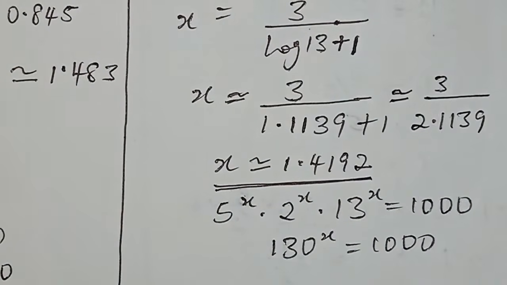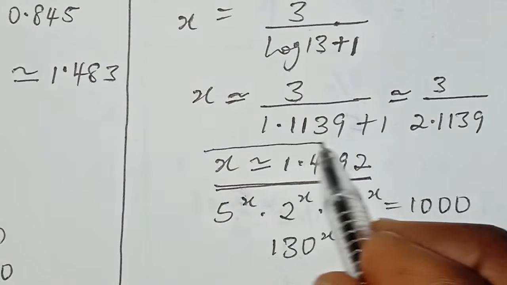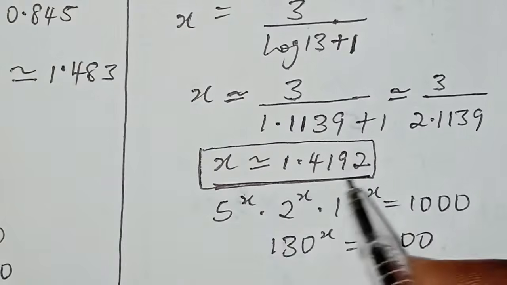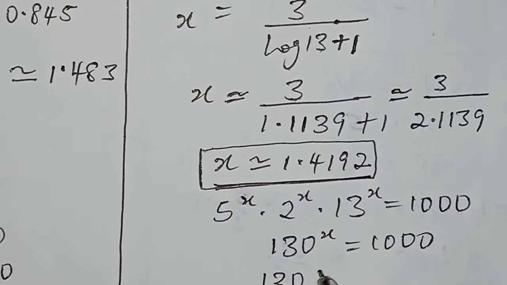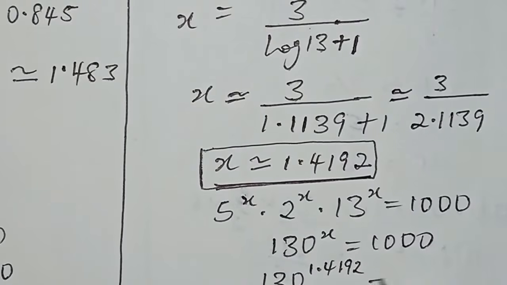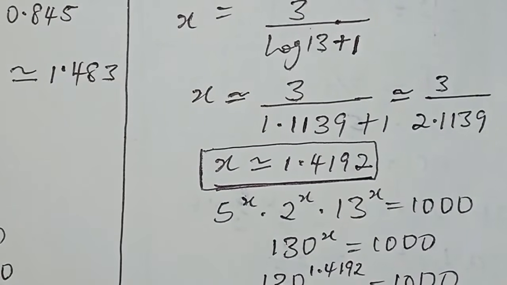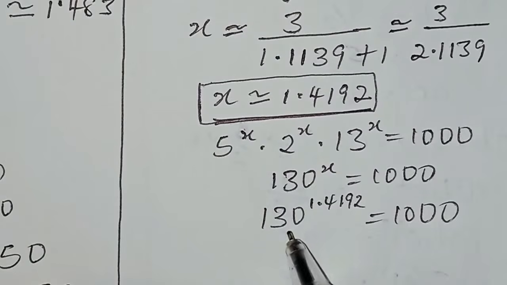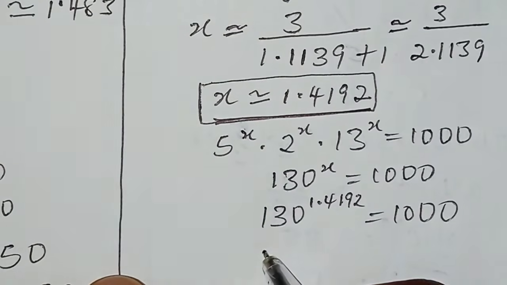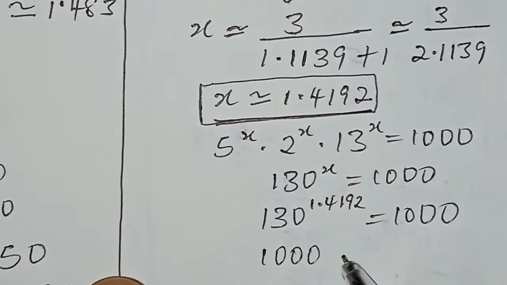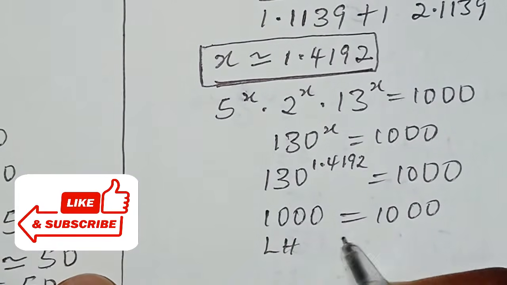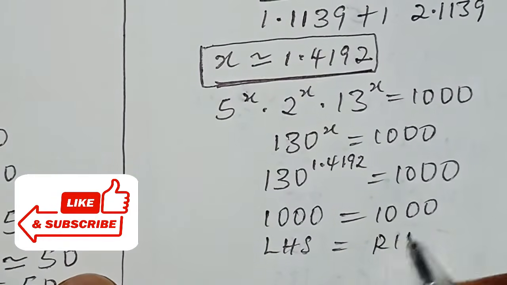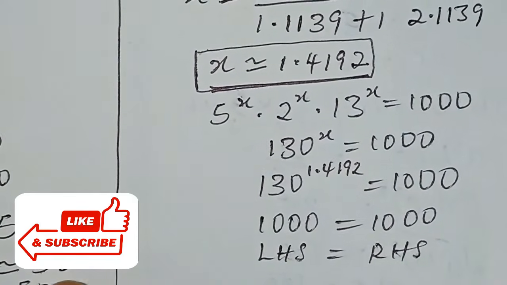If we insert our value of x into this part, we have 130 to the power of 1.4192 equal to 1000. And if we resolve this from our calculator, we are also going to arrive at 1000 equal to 1000, which implies our LHS is equal to RHS, the right hand side.